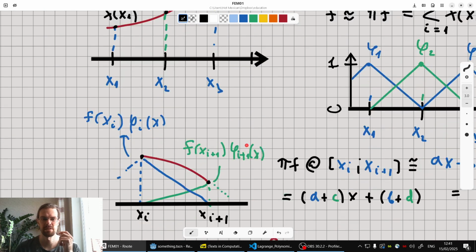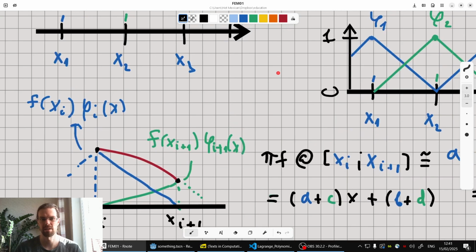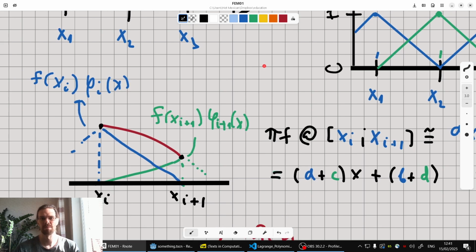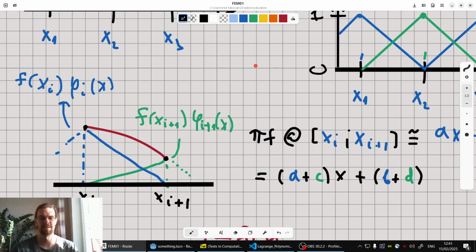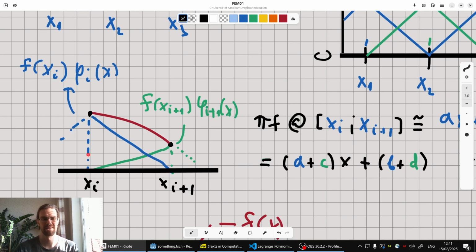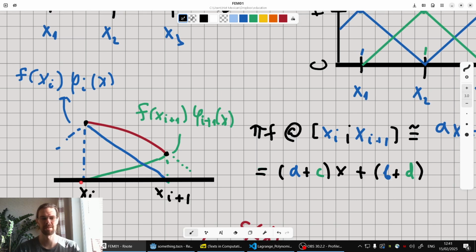A linear function can be constructed from just two points. In this case, we get the two trivial points on the left and right-hand side because one basis function attains a value of 1, the other 0.